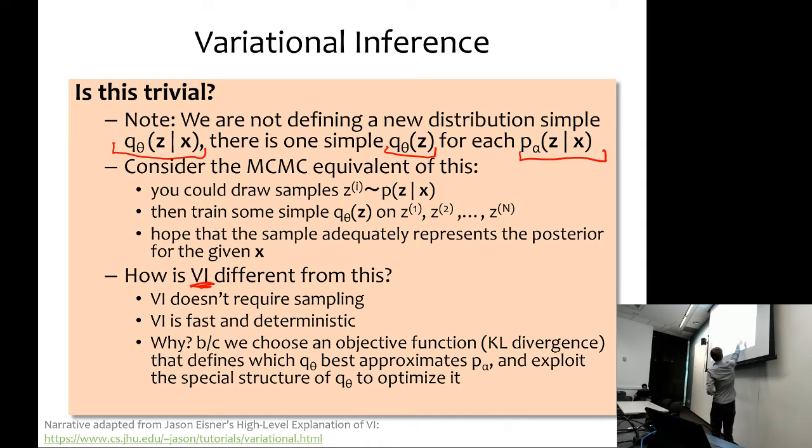The pointer forward is that it's going to be this thing called KL divergence, which we'll talk more about, that defines which Q theta best approximates P alpha. And the fact that it's going to be fast and deterministic is because we'll exploit the special structure of Q theta so that all of this works out to be efficient.